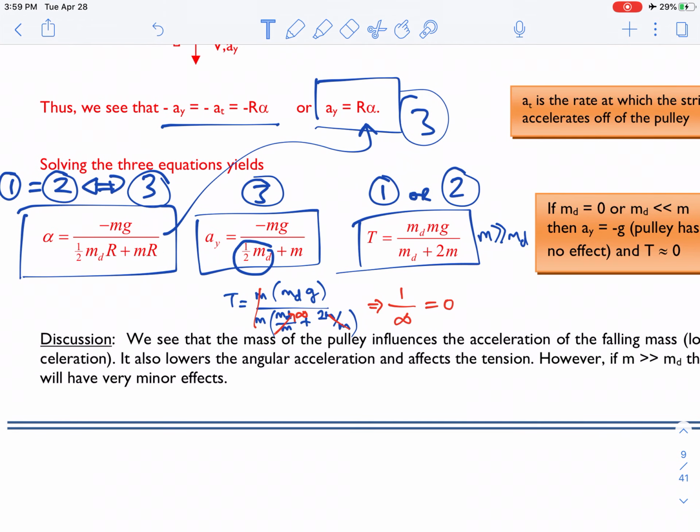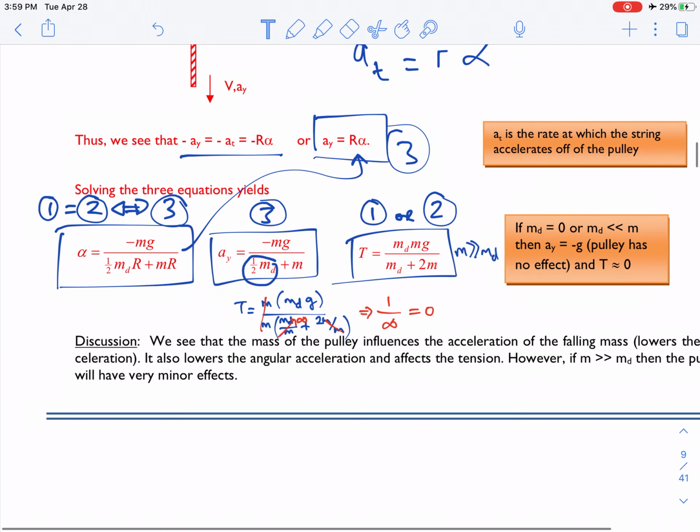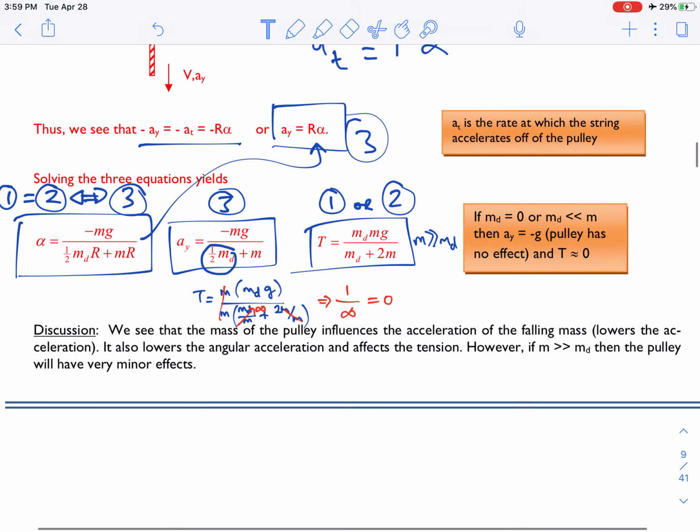So this is a nice way of checking if it makes sense when you don't have any numbers to estimate and then compare. We just did that to check if this makes sense or not. So we see that the mass of the pulley influences the acceleration of the falling mass, specifically lowering it, and it also lowers the angular acceleration and affects the tension as well.